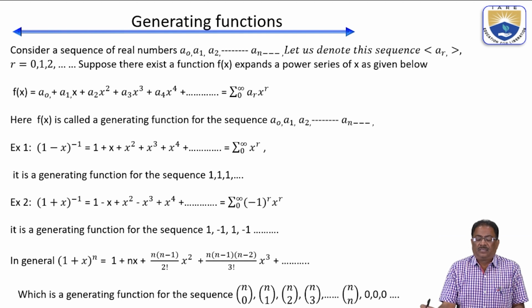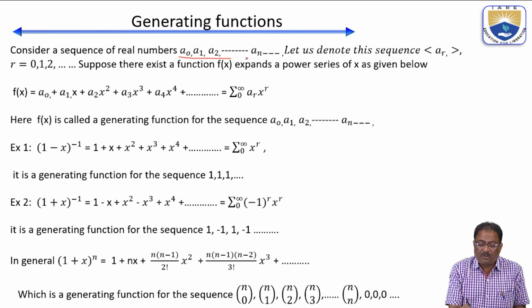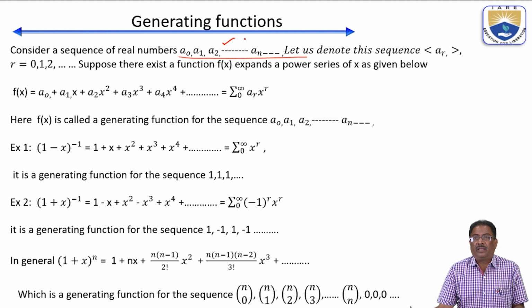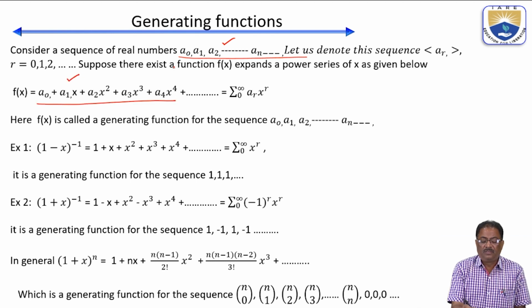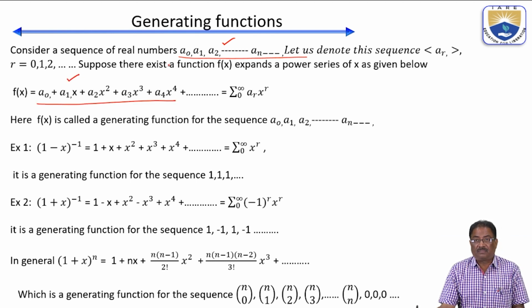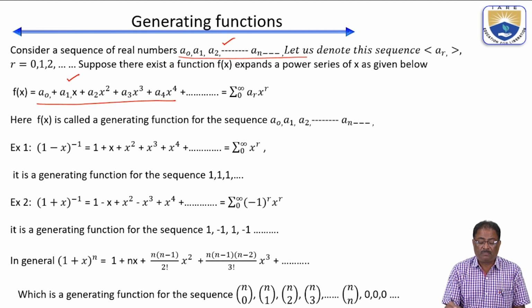Whenever a sequence of numbers is given, A0, A1, A2 and so on, up to An and so on, we are going to represent it. Suppose there exists a function that expands as a power series in x of this form, A0 plus A1x plus A2x square plus and so on.